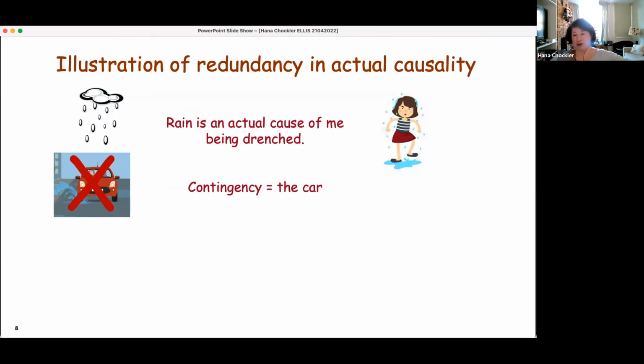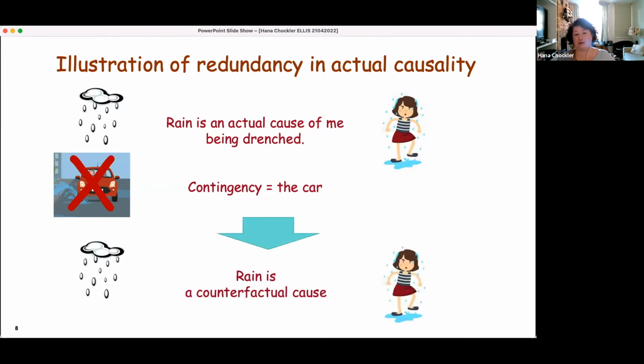And now in this modified world, rain is a counterfactual cause of me being drenched, because if it had not been raining, then I wouldn't have been wet. So this is how actual causality deals with redundancy, and there are ways to deal with preemption as well as capture some complex causal interactions.